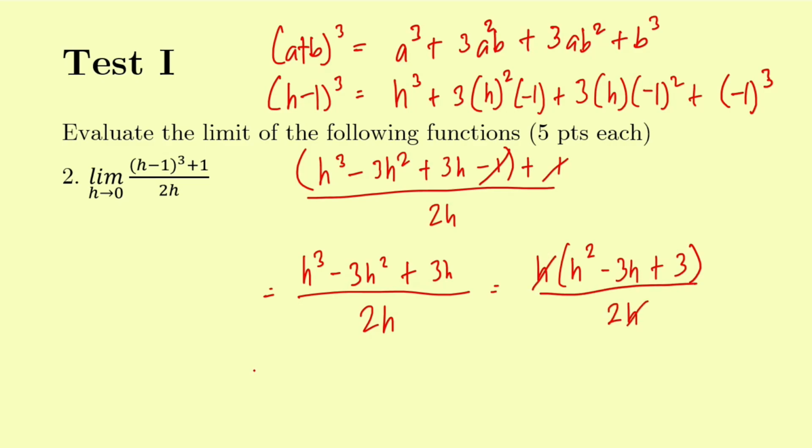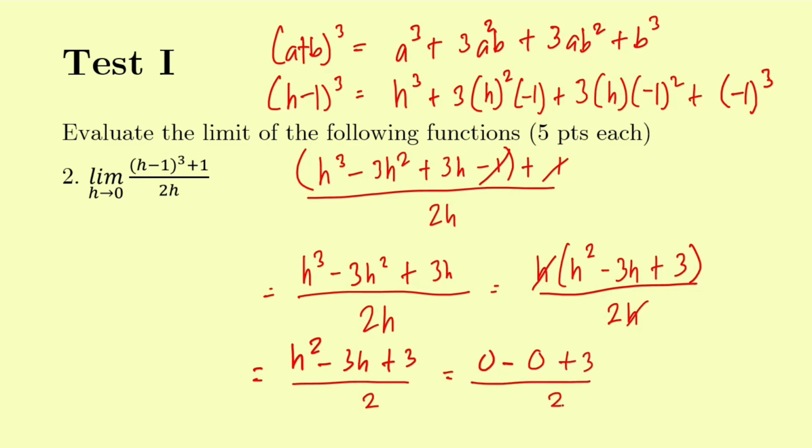Cancel out. h squared minus 3h plus 3 all over 2. And evaluate as h approaches 0. That's going to be 0 minus 0 plus 3 all over 2, or simply 3 halves. So 3 halves is the answer to this second item.